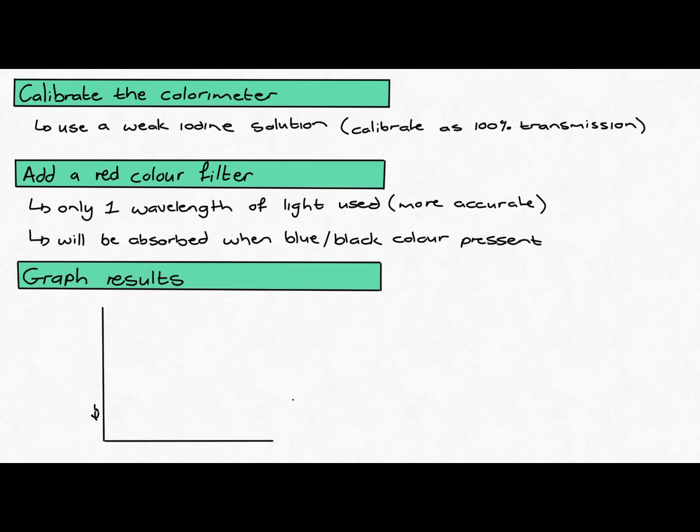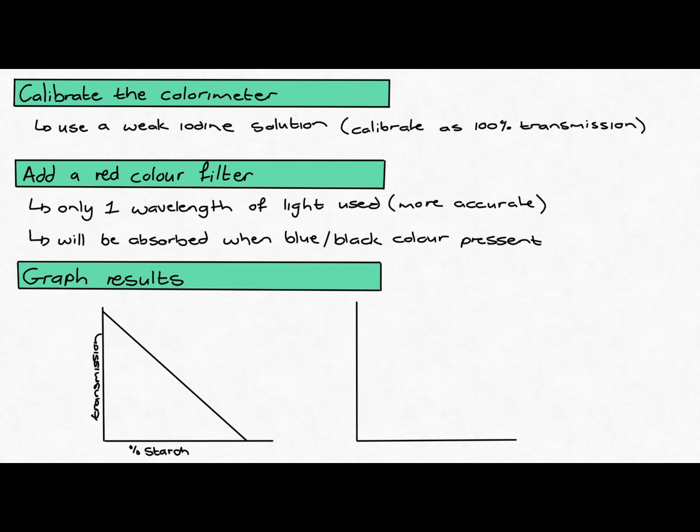If we look at transmission over the percentage starch, as our starch percentage increases, our transmission will decrease because the color from our solution will go from a weak iodine color, which is a yellow color, to a dark blue color, meaning more of the light is being absorbed and less is being transmitted.